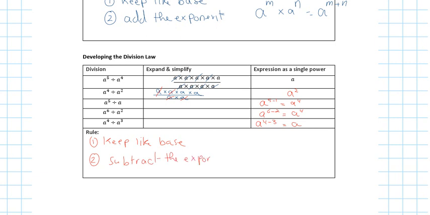All right? So if I have a to the power of m divided by a to the power of n, you can write it like this, or it could be like so. Okay, it doesn't matter which way it's written. It's going to be a to the power of m minus n.